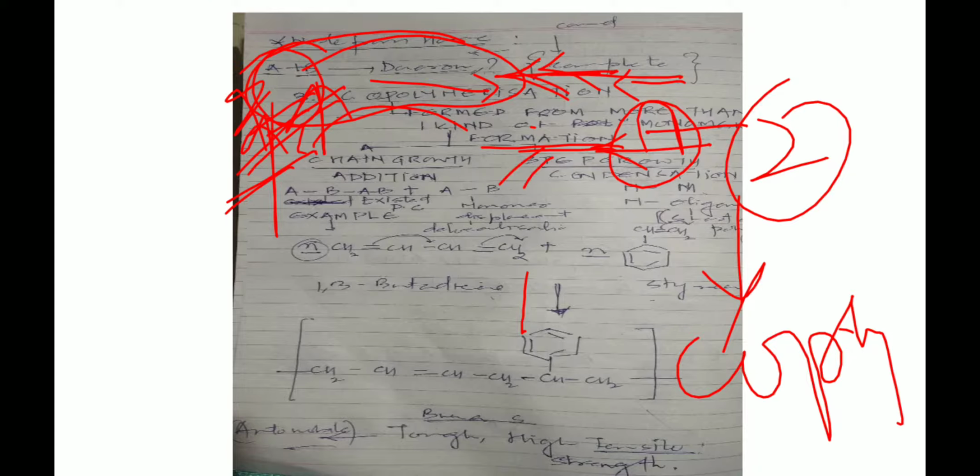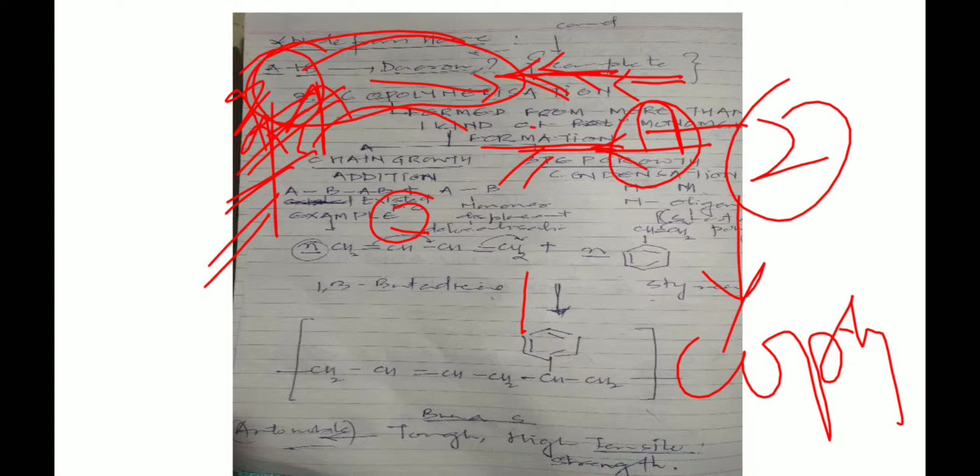In chain growth addition, there would be a polymer chain that already exists. When it reacts with another monomer, it results in the formation of a copolymer.